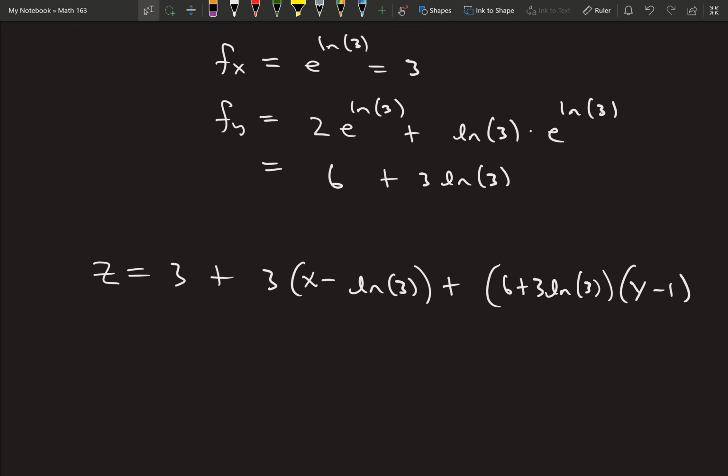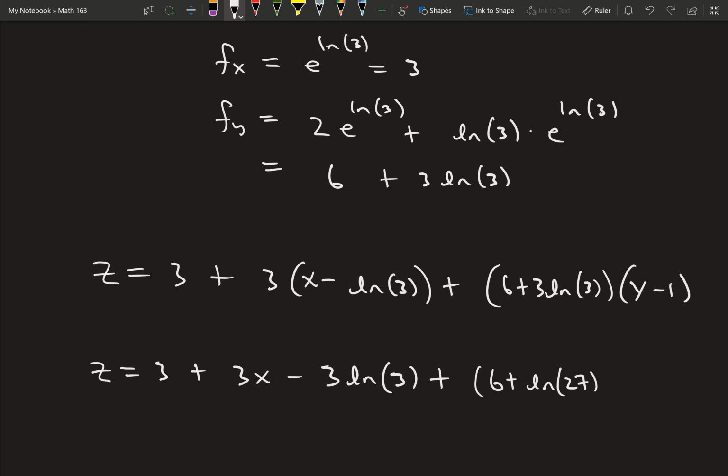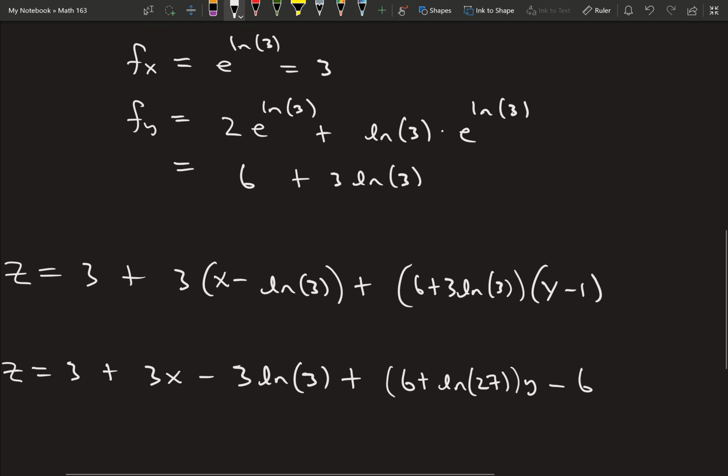So we get z is equal to 3 plus 3x minus 3 ln of 3, plus 6 plus ln of 27 times y, minus 6 and minus 3 ln of 3.